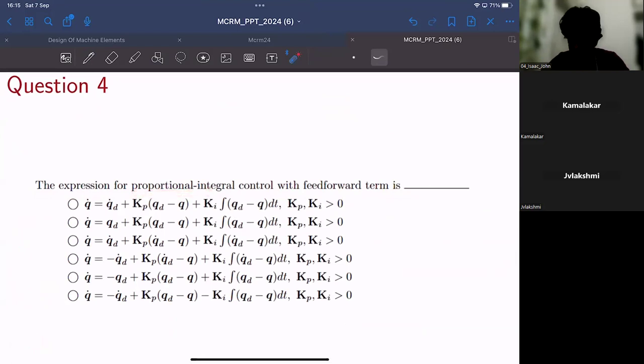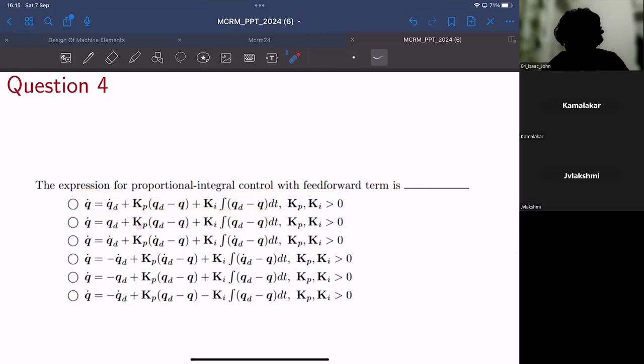So what is this? q dot is, you have a feed forward term, you have the proportional term, where the proportional controller action is proportional to the error in position. And the integral action is actually proportional to the integral of the position error. So I think option A itself is pretty much the correct answer.